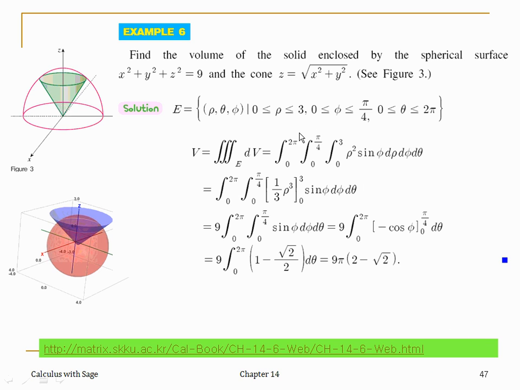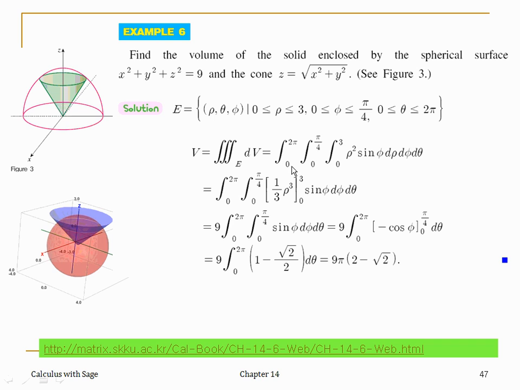Because of the substitution, this radius rho is from 0 to 3, and phi moves from 0 to pi over 4 like this, and then we rotate it in the theta direction through the whole circle, 2 pi. So we have this region.